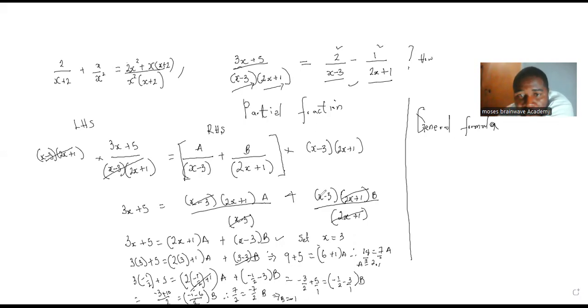So I will come back to this particular expression. For my A we got 2, then I'll substitute 2 here for A, while for B we got -1. You see, that's how we got this particular expression. So it's as simple as that.